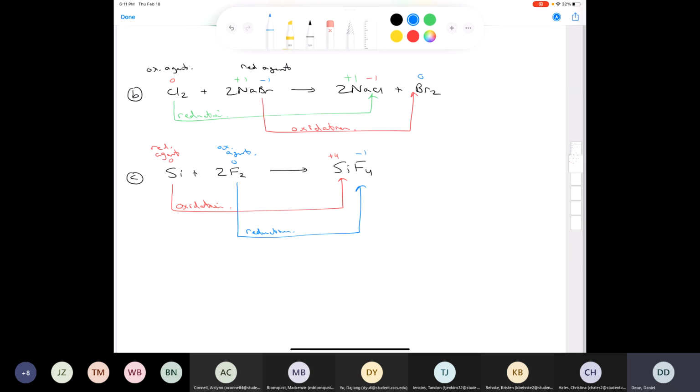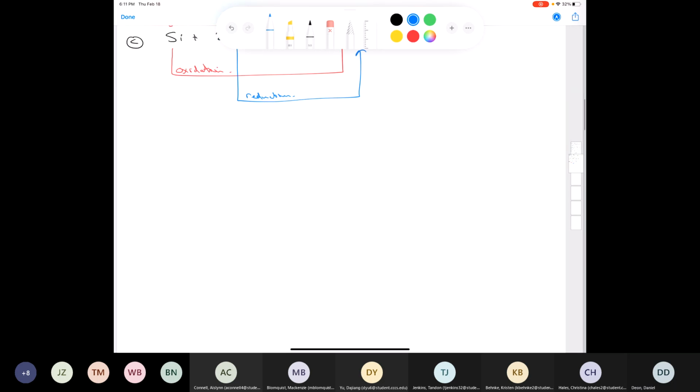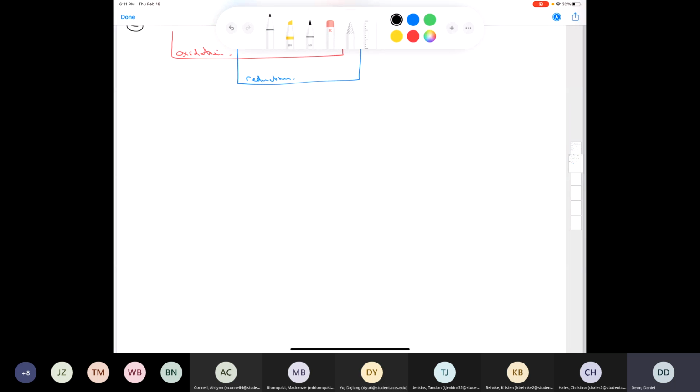Okay, well, what I thought we would do now is try question 4.46. It says, phosphorus forms many oxoacids. Indicate the oxidation number of phosphorus in each of the following acids. So we have A, which is HPO3.